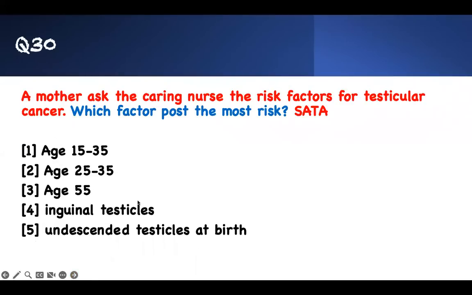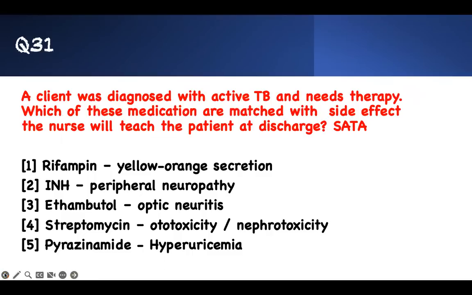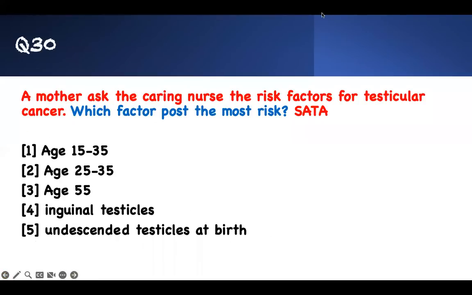Okay, almost done. Number 30. Which factor poses the most risk? Select and apply. A mother asked the nurse about the risk factors for testicular cancer. So what do you think? Usually the age; the most common age is between 15 to 35.